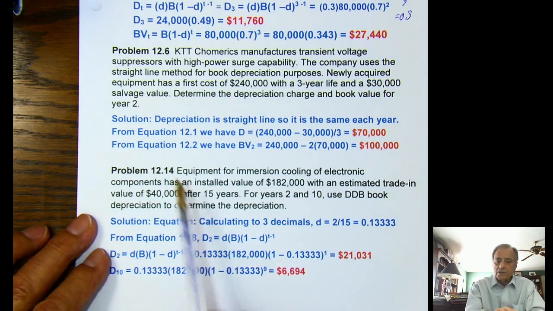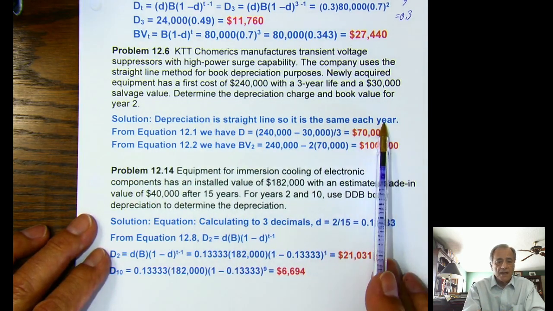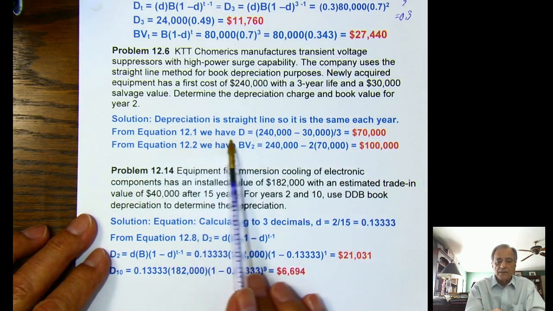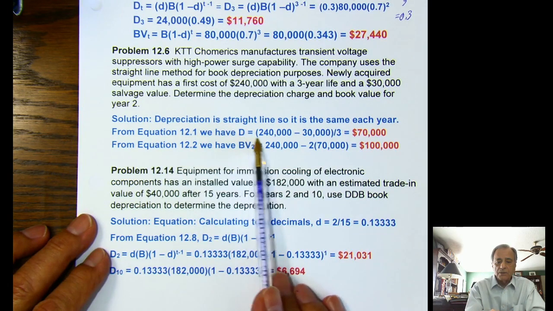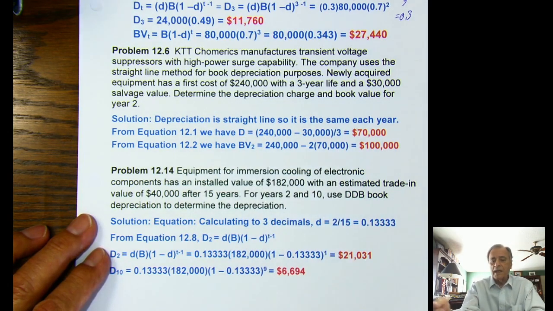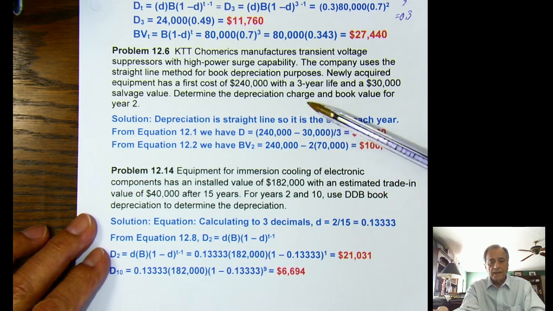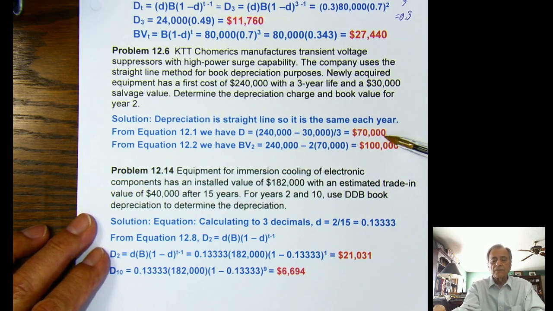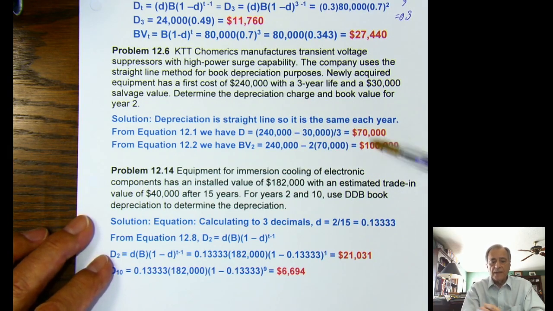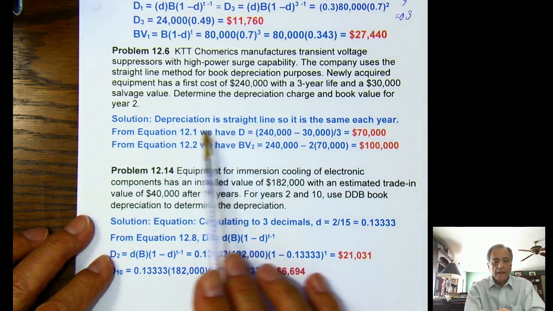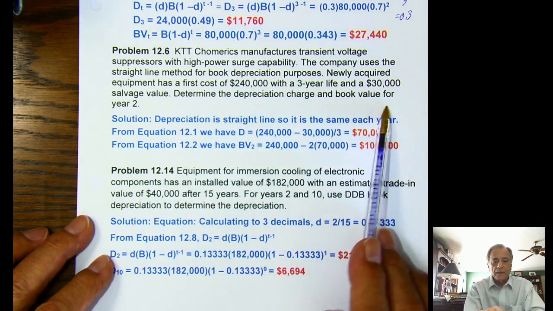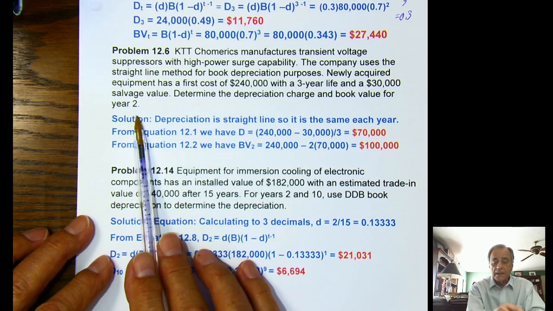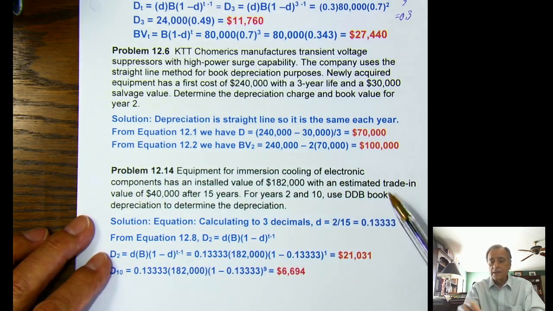So since it's straight line, the depreciation is the same every year. And so we have the equation D equals price minus salvage value divided by life, which is 240,000 minus the salvage value, which is 30,000. So that gives me 210,000 divided by 3 is 70,000. And then the book value, it's asking for the book value at the end of year 2 after you've taken the second year's depreciation.